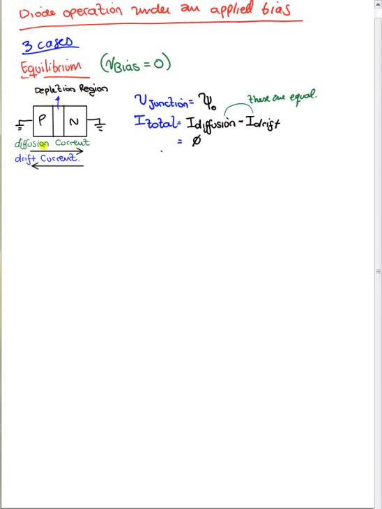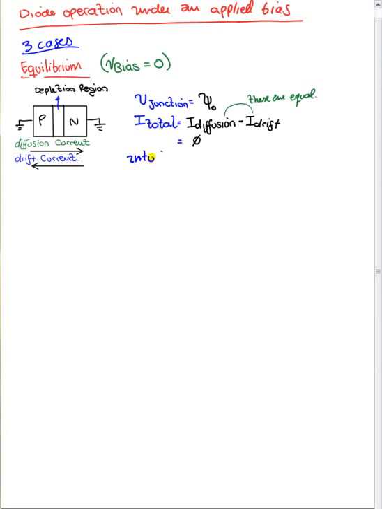It's basically what we had before, where the diffusion current balances the drift current, and then we have a total of 0 current flowing, right? So the voltage across the junction is just the built-in potential that we had from before with no applied conditions. The total current is equal to 0 because the diffusion current and the drift current are equal and opposite.